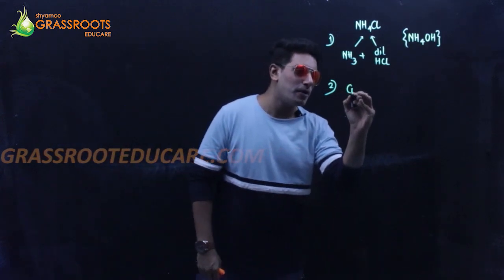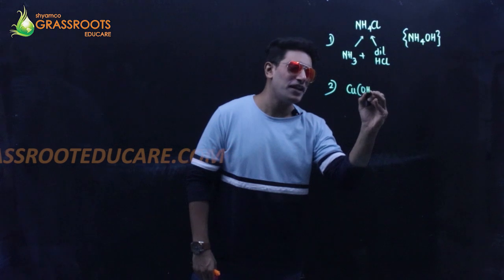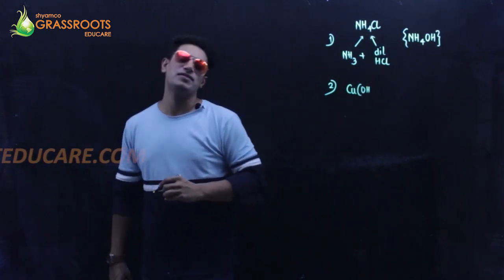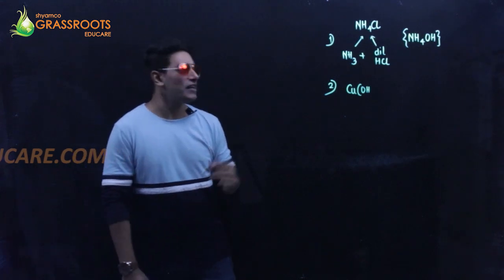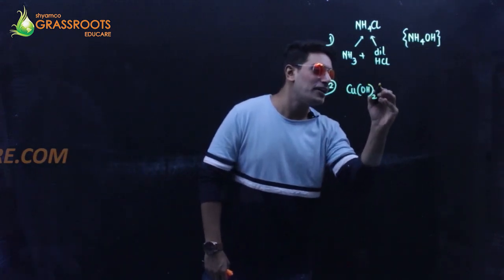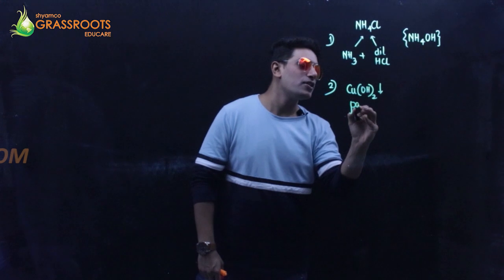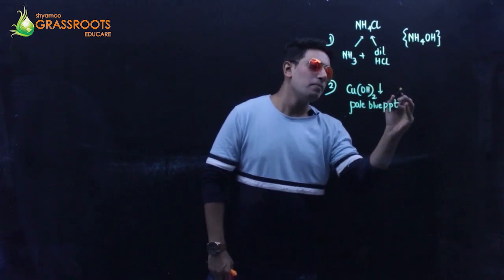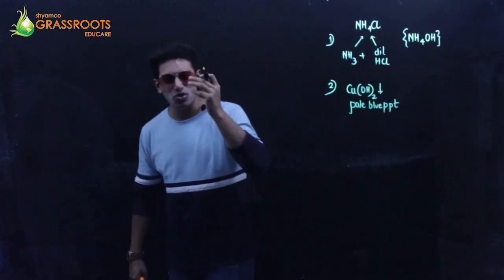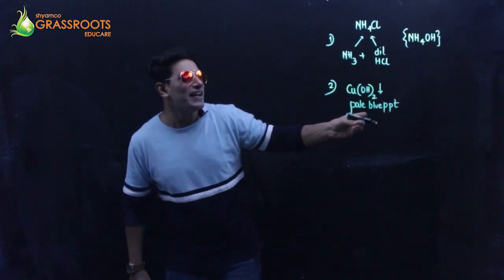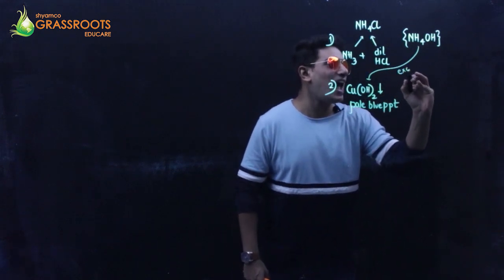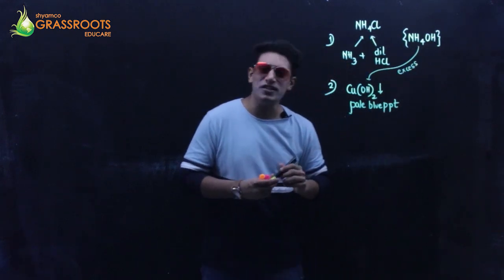I hope you remember in the copper sulfate experiment, we used to take copper sulfate plus ammonium hydroxide. It gave me copper hydroxide, which was a pale blue precipitate, plus it gave me a salt. When I add excess of ammonium hydroxide, what is formed?